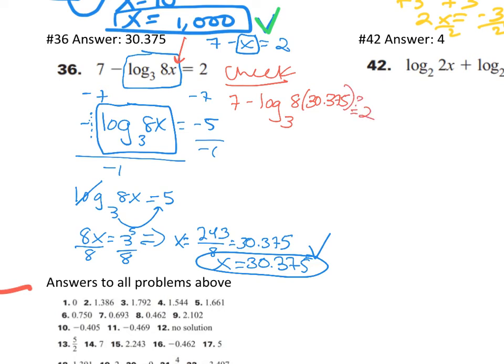When we multiply 8 times 30.375, we get 243. And then if we do log base 3 of 243, we get 5, and 7 minus 5 is 2, and so it does check out.